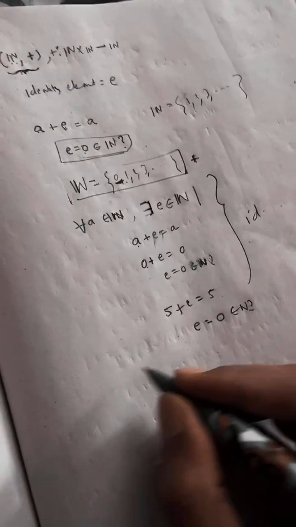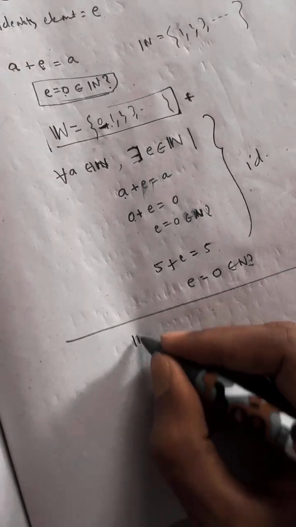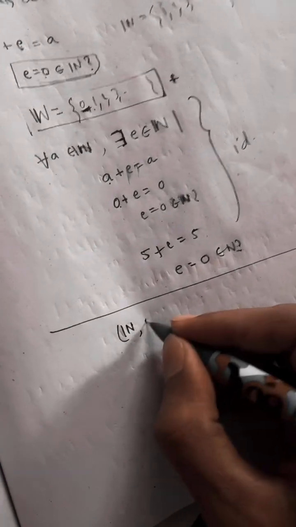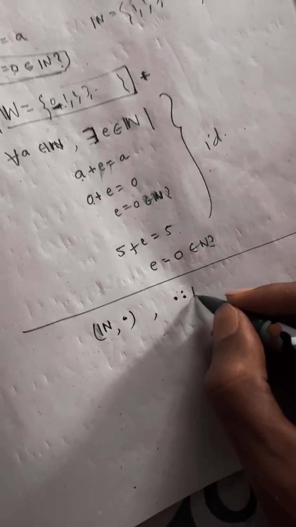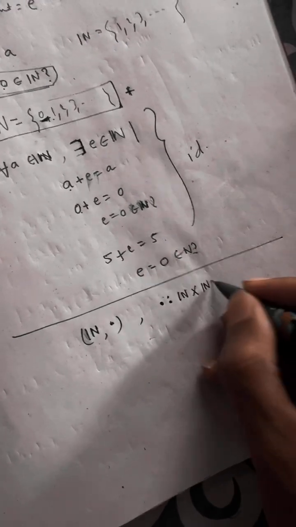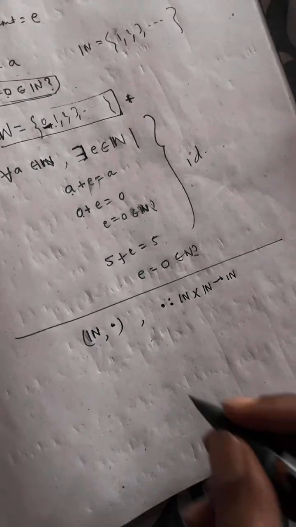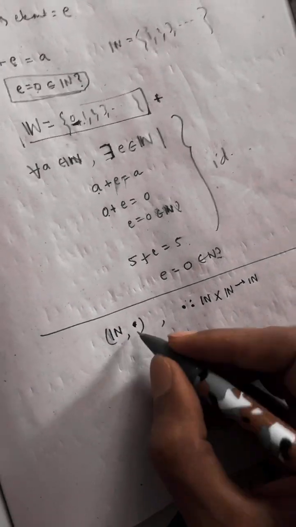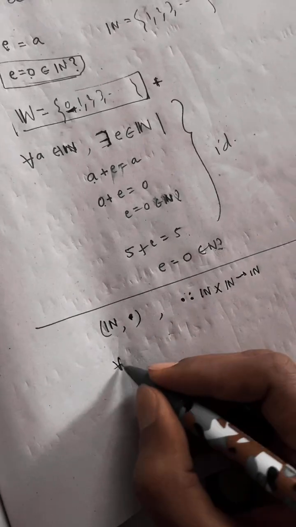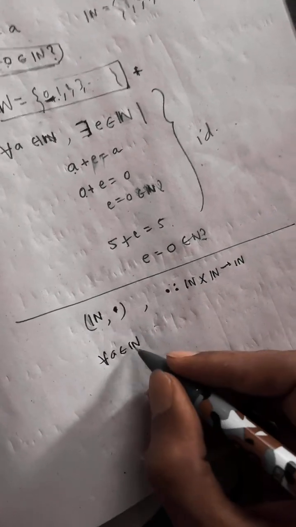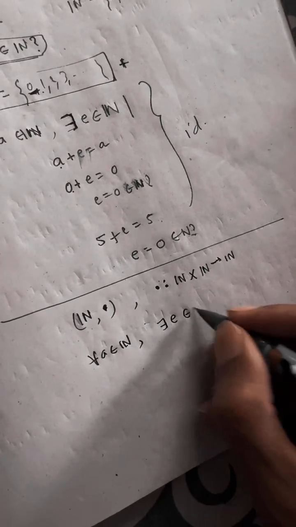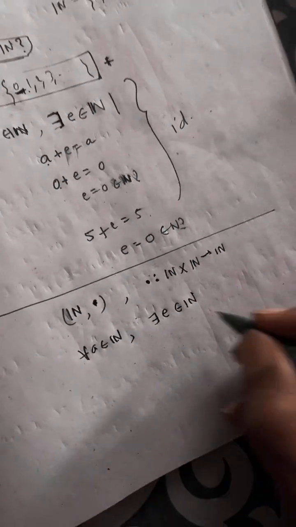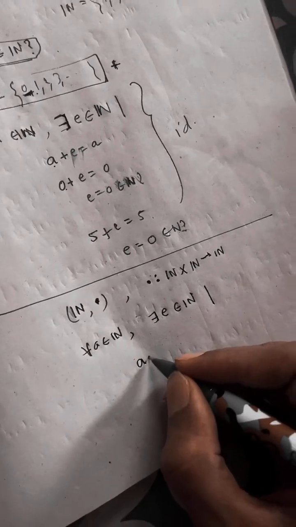Now I will give another example. Let's say the set of natural numbers with multiplication. How is multiplication defined? It is N cross N to N. Now what happens to the identity element? For all a that we choose from natural numbers, there exists an identity element that also belongs to the set of natural numbers, such that a multiplied with e equals a.